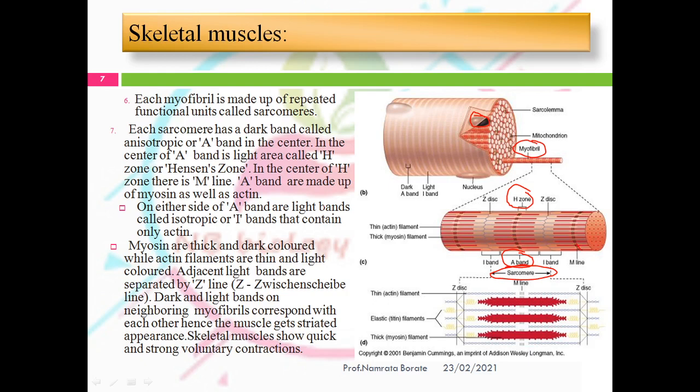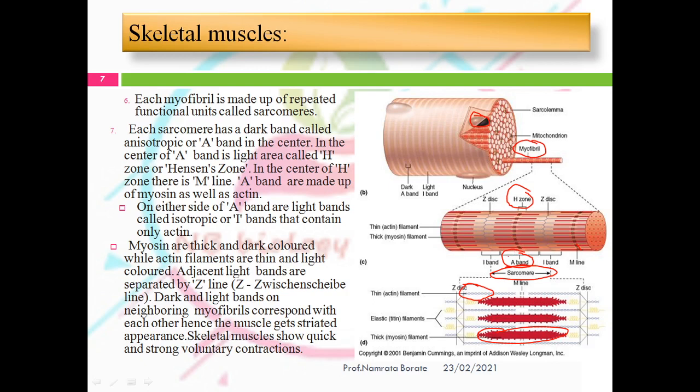The A band is made up of myosin as well as actin. So this is the myosin and this is the actin. So this is the A band, which is made up of myosin as well as actin.